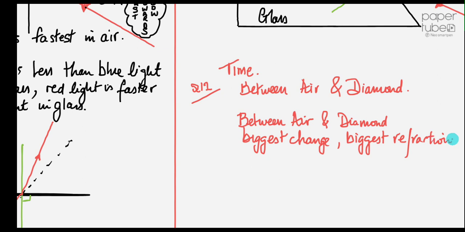Does light bend towards or away from the normal when it passes from water into diamond? So let's have a look. Water into diamond. Where you put your finger on the water, water's 2.2 and diamond's 1.2.